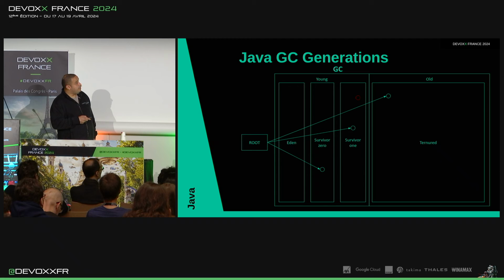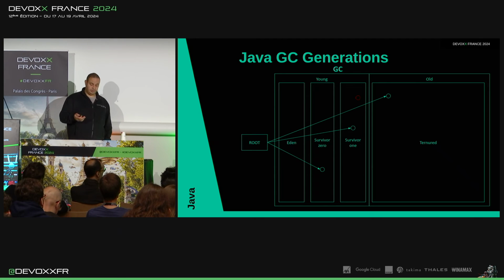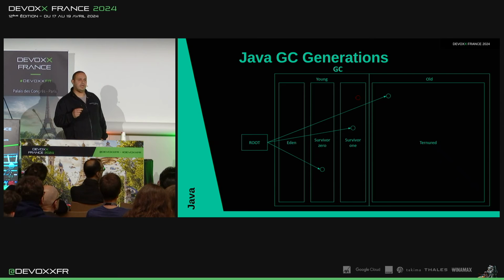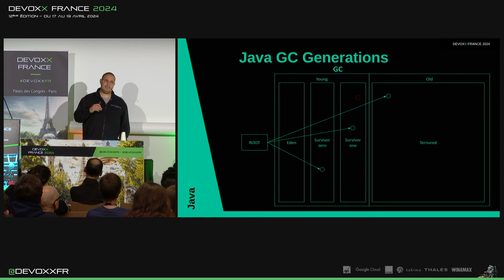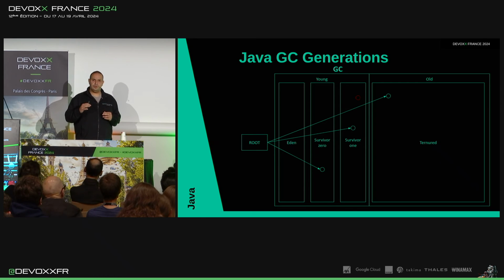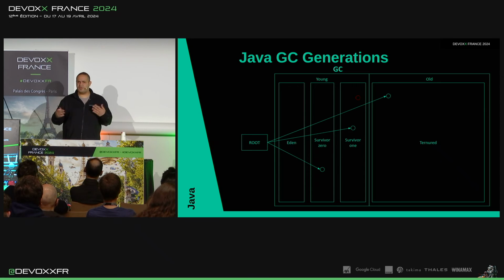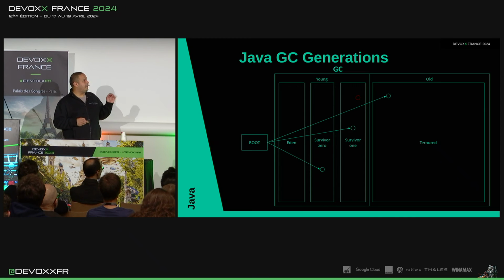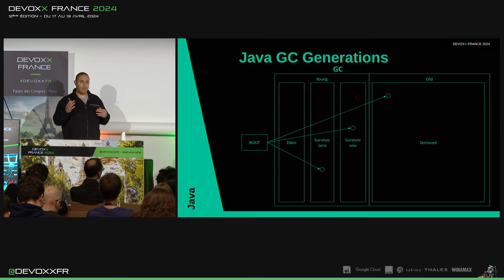And this object here reaches what is called the tenured, or the old generation. The old generation is a section in memory that stores the old objects. They are objects that are old enough to be more or less sure that they're not going to be dereferenced so quickly. So the heap, survivor 1, and survivor 0 are going to store almost all the transient objects, and they are going to be removed quickly.